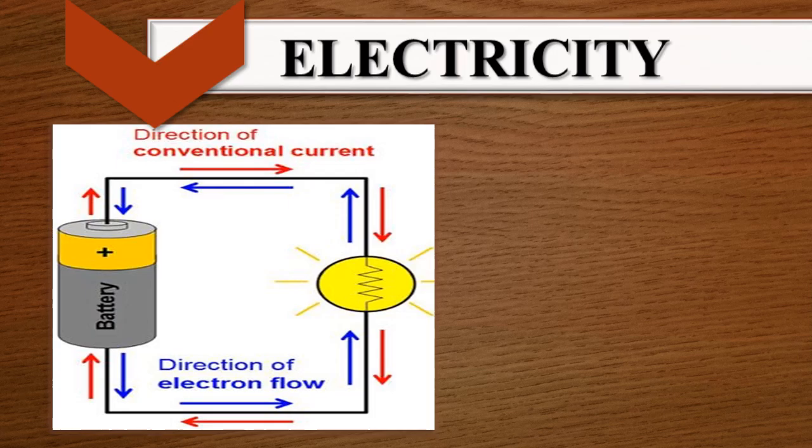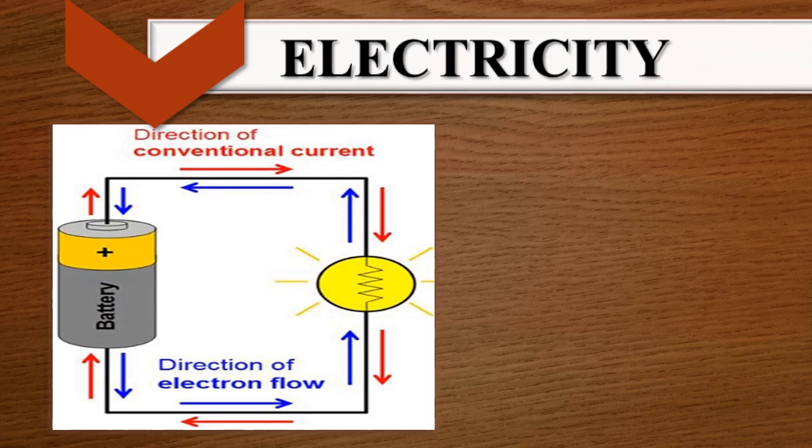One side is positive and the other side is negative. Both sides are connected through an electricity conducting wire. A conductor wire means the type of wire which can carry electricity.